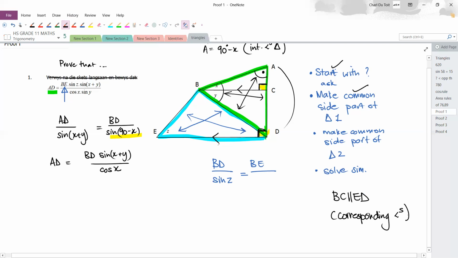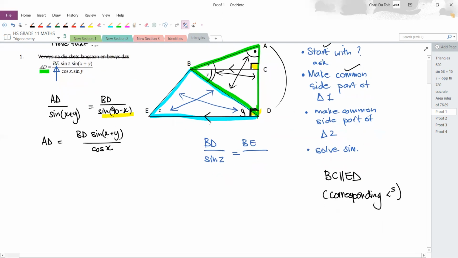So if they are parallel, then this angle here must be Y because it alternates with Y. So BDE is Y, alternating angles.